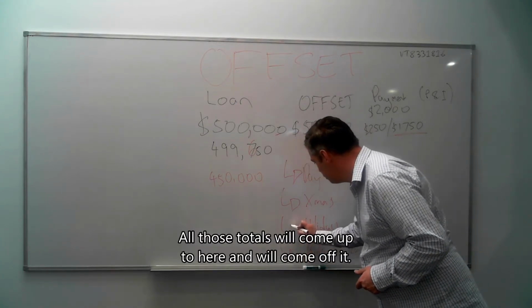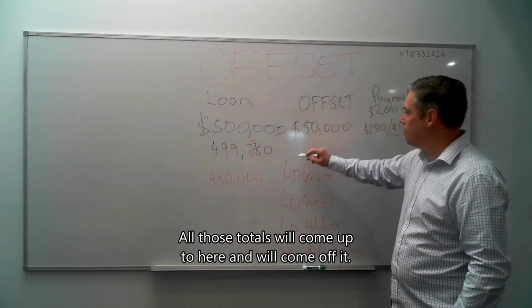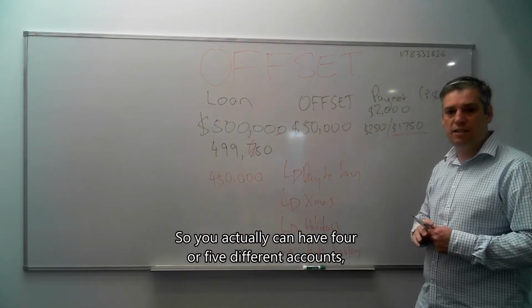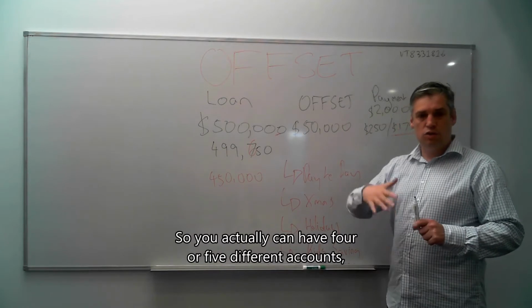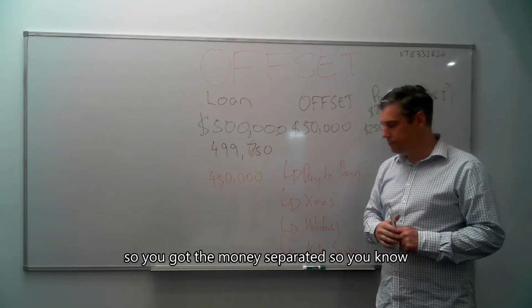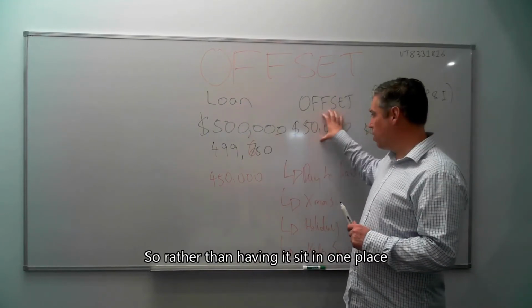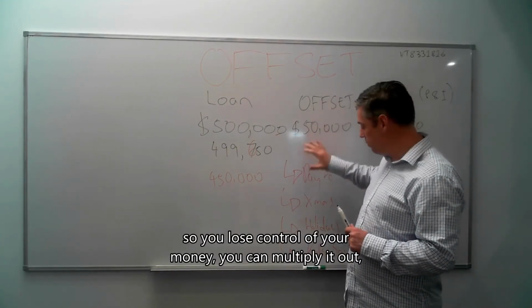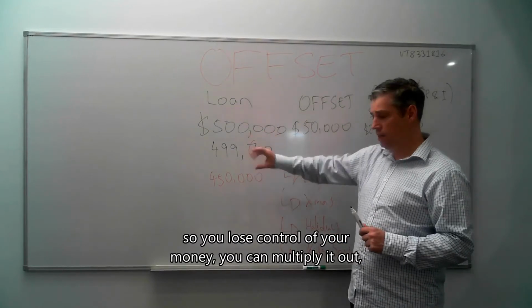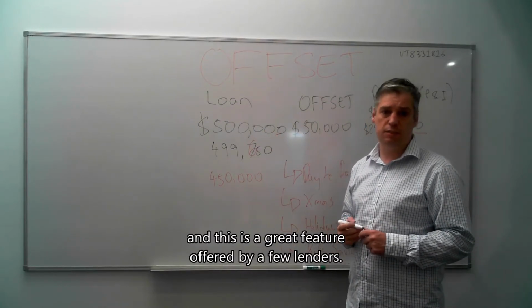All those totals will come up to here and will come off it. So you actually can have 4 or 5 different accounts. So you've got the money separated so you know what you're doing, but the total here comes off your loan. So rather than having it set in one place so you lose control of your money, you can multiply it out, and this is a great feature offered by a few lenders.